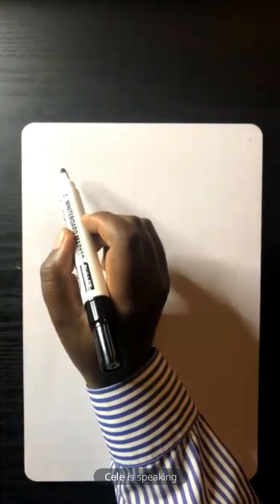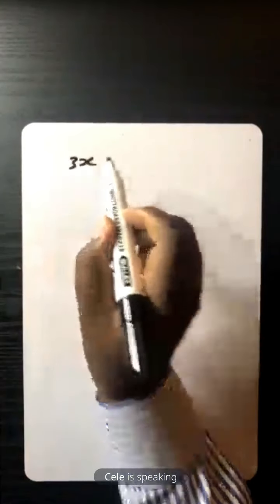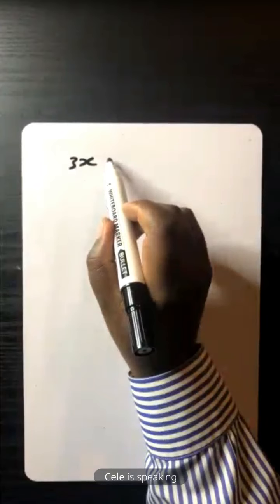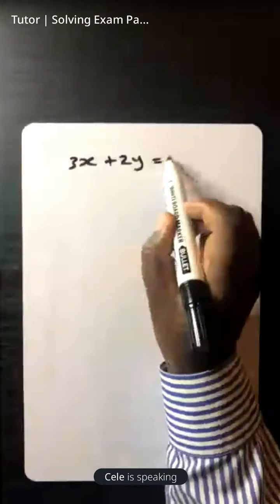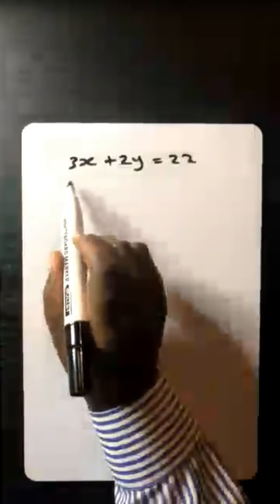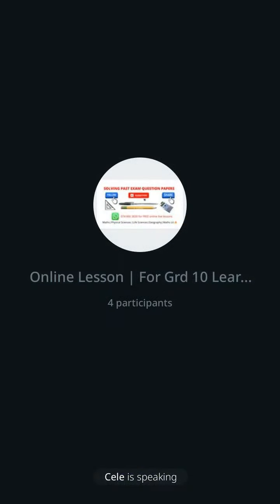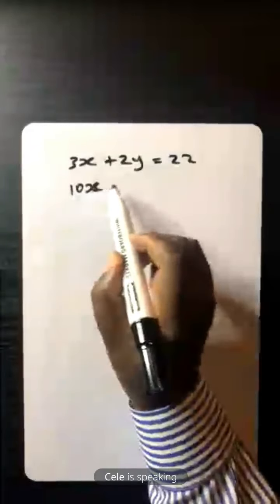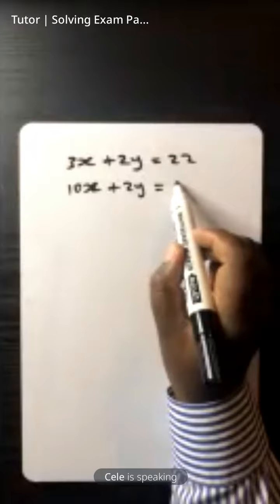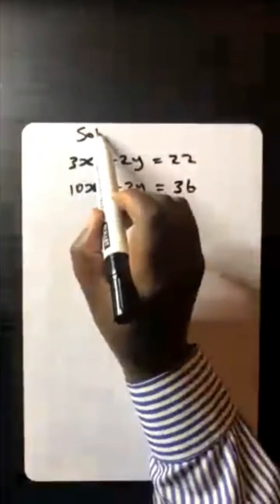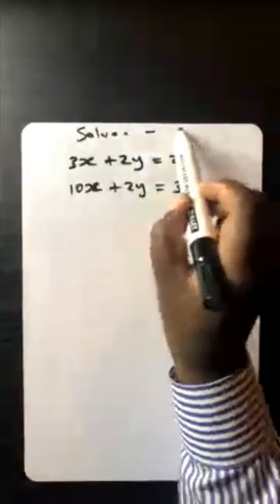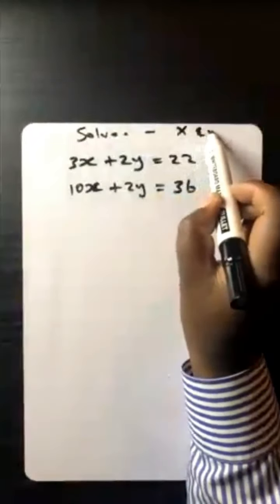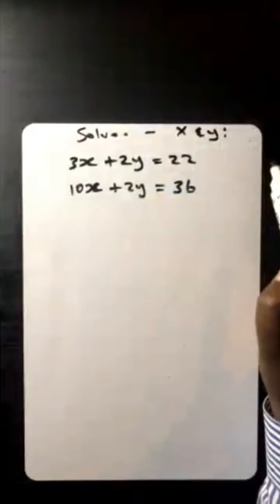It was 3x plus 2y equals 22, and 10x plus 2y equals 36. Okay, so this is where you solve for x and y simultaneously. You remember, guys, was it yesterday's lesson?